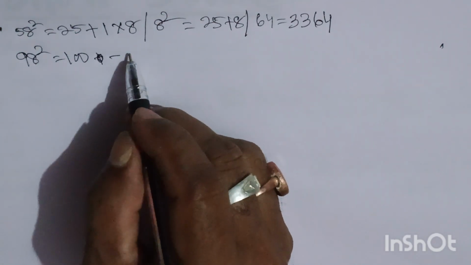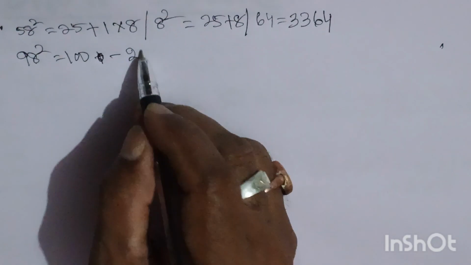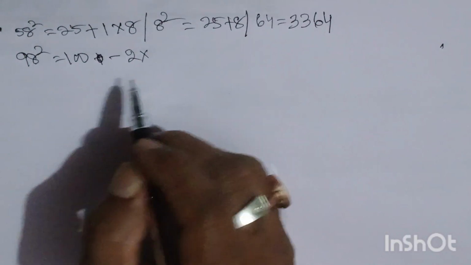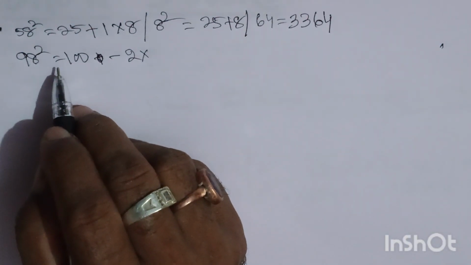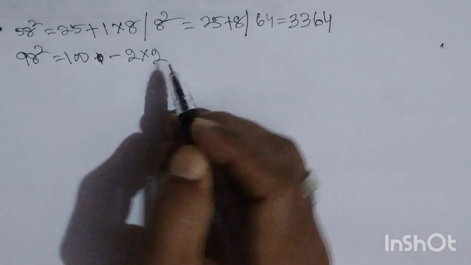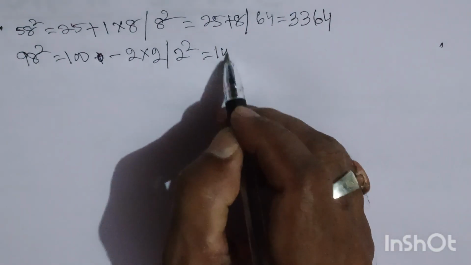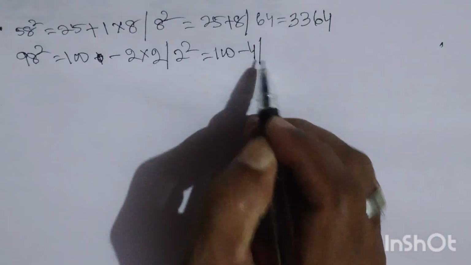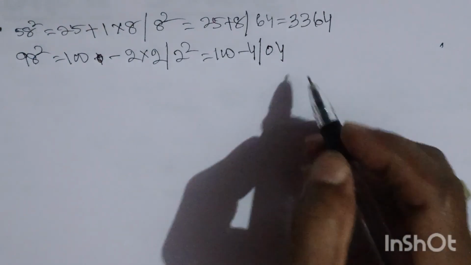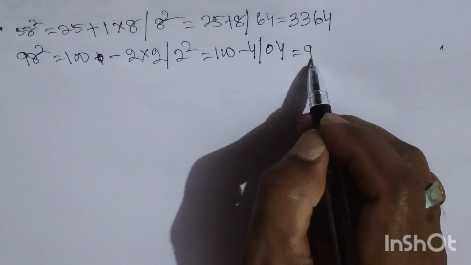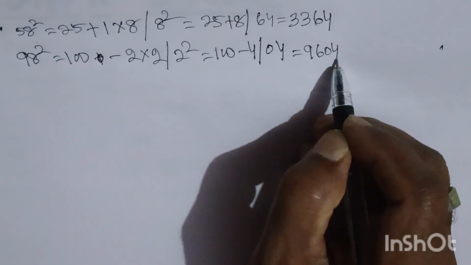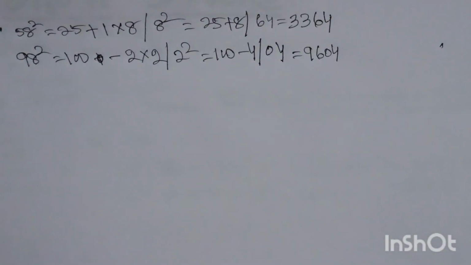Then serial number of the level is 2. Difference between the number and the level number is equal to 2, oblique 2 square. 100 minus 4 oblique 04. Hence 9604. So the square of 98 is equal to 9604.